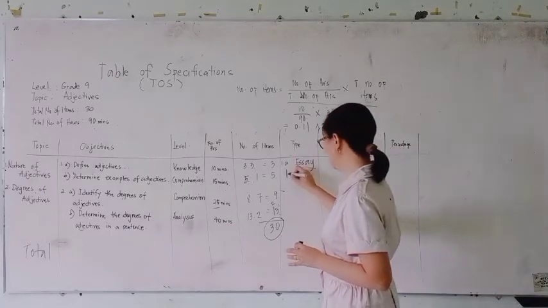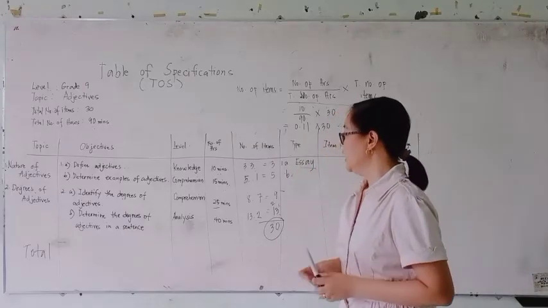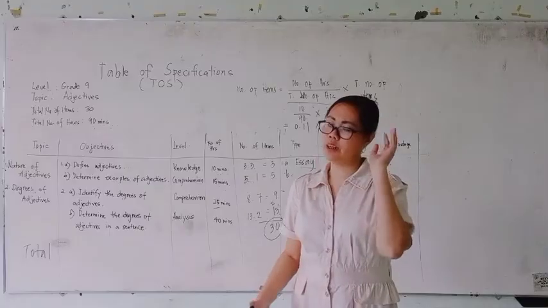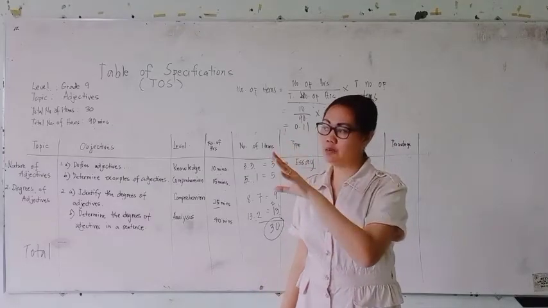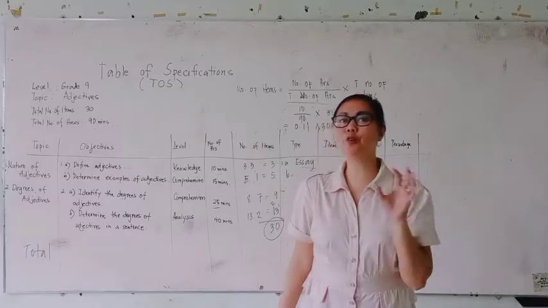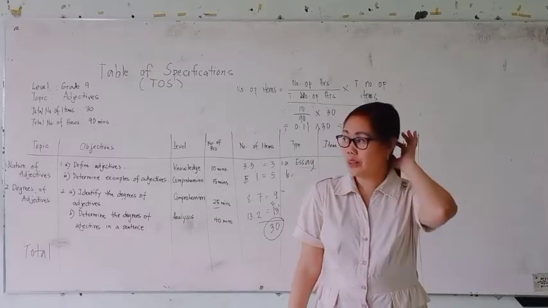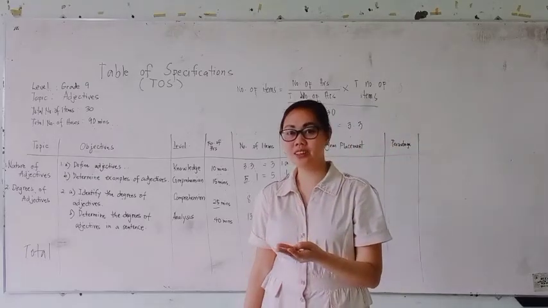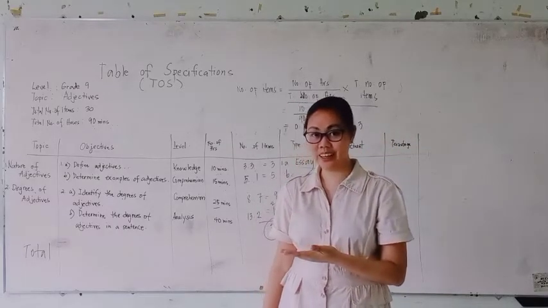Next, letter B. Determine examples of adjectives. So isipin mo ulit mabuti. Determine examples of adjective. Ano yung dapat mong i-determine? Adjectives. So ano-ano yung test items na ito? Pwede ba akong magpa-identification? Yes, pwede.